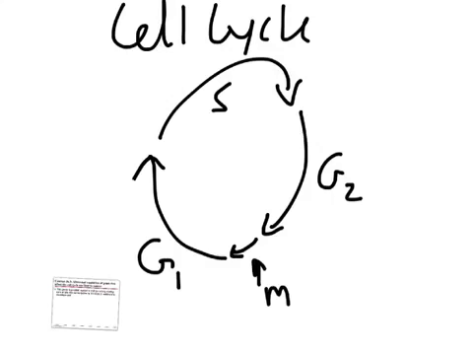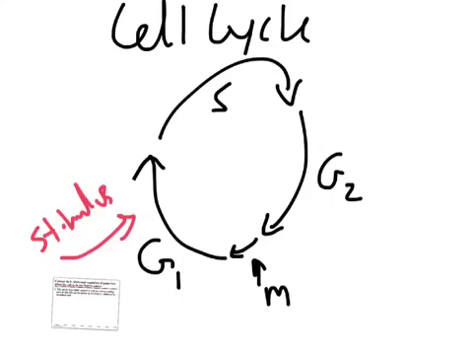But at some point, signals from the outside or internal signals, some type of stimulus, tells this cell to progress through G1 and enter into S phase. What's happening in S phase? Replication of DNA. It's the synthesis phase of the cell cycle.